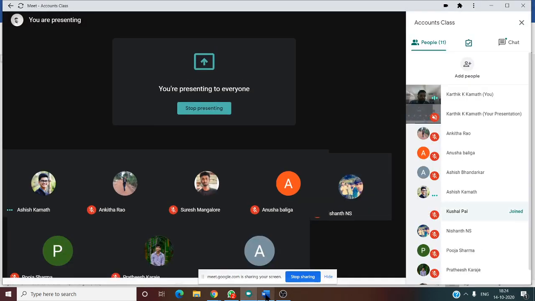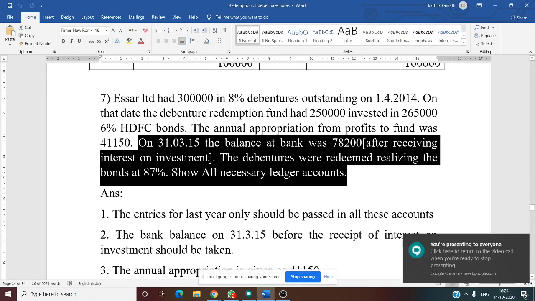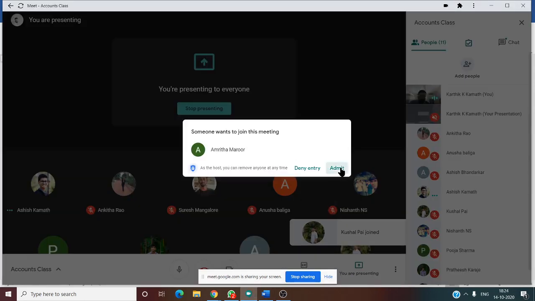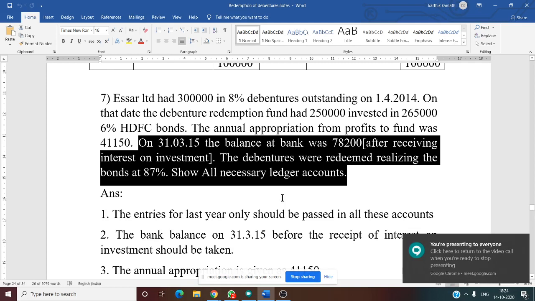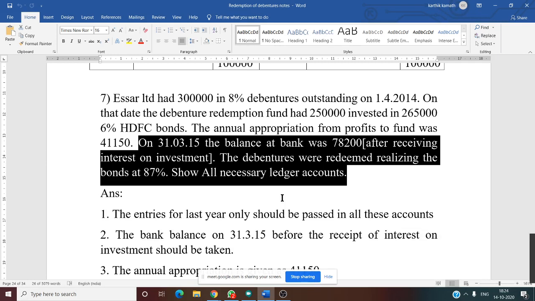From 78,200 you are going to deduct the last year interest. Then you need to show that last year interest separately in the bank account. That is the format of the bank account.